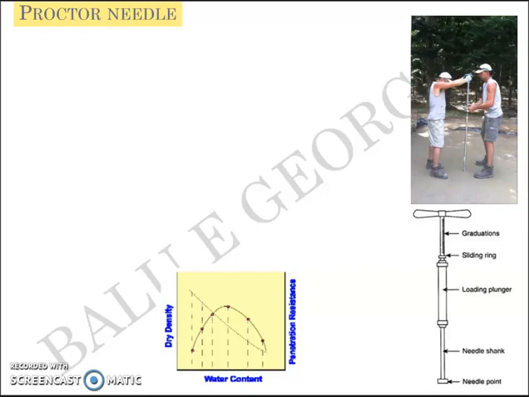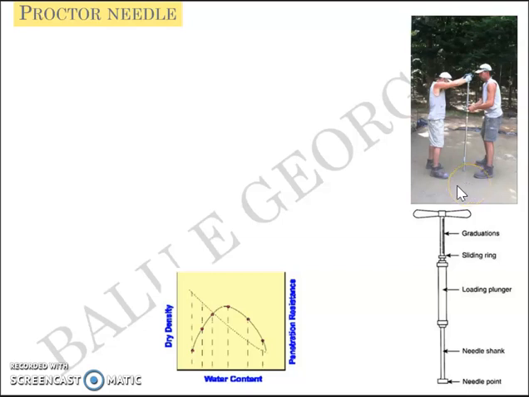Now you can see two people trying to squeeze something or jack something into the ground. This is a Proctor needle. These two guys are trying to jack this needle into the ground. You can probably understand, it's quite simple to understand that the resistance offered by the soil is kind of a representation of the water content there in the soil, right?